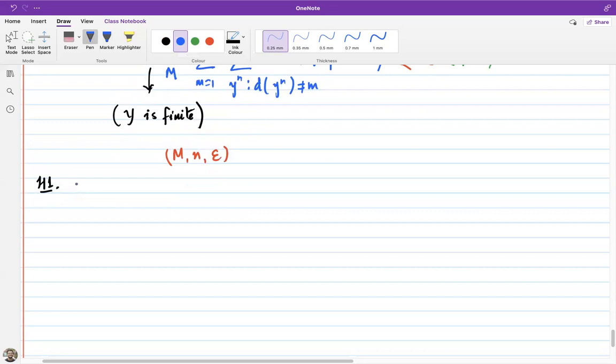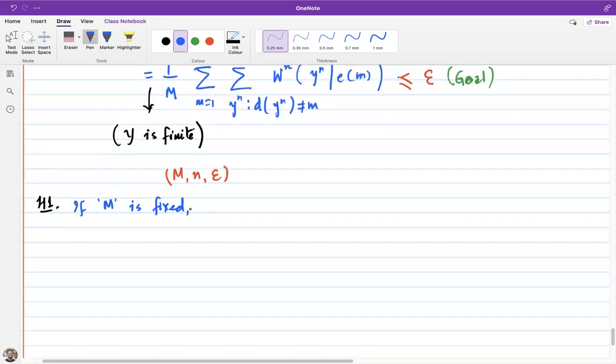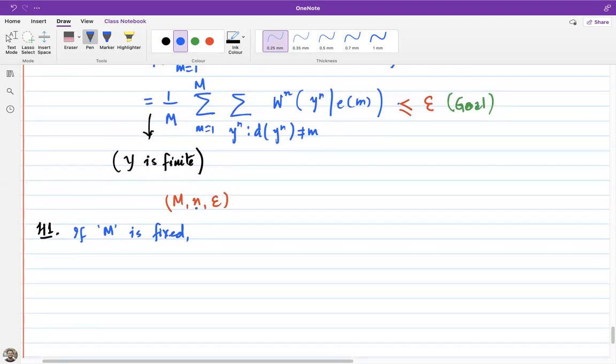It says that if, let's say, your m is fixed, that is, you have fixed the number of messages, then what can you say about this n? Recall that m was the number of messages, and n was the output length of the encoder.